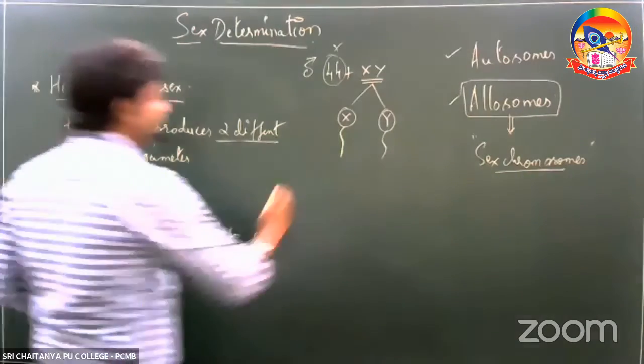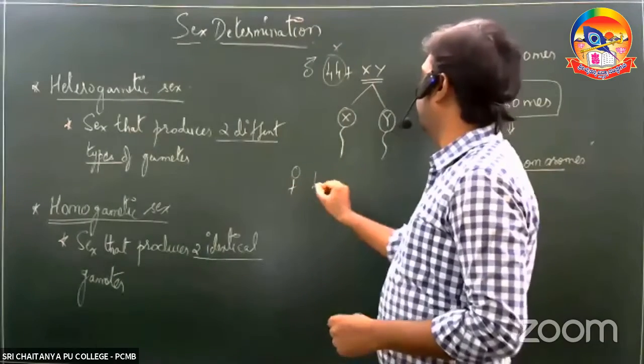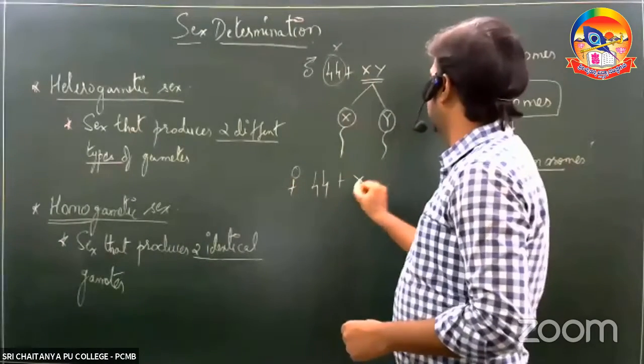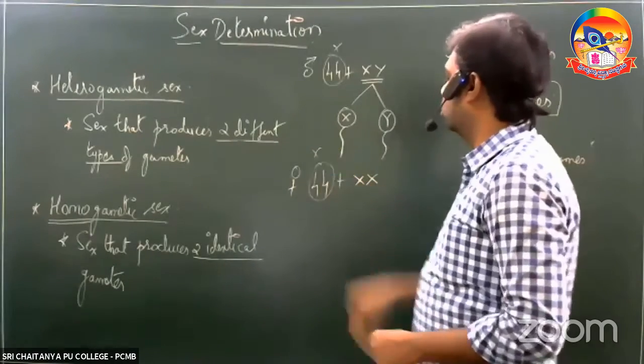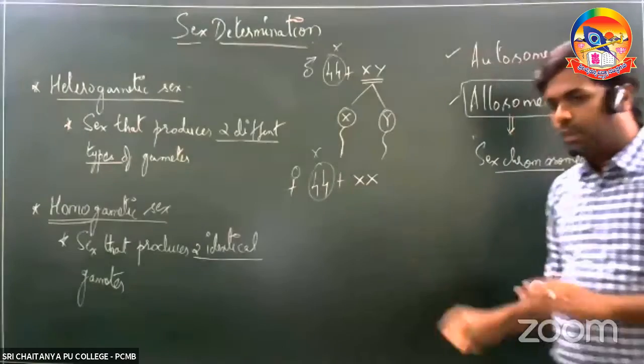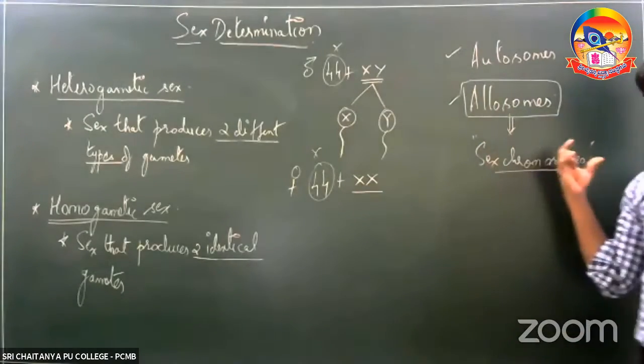So the example what we can give here again, human females, where again the chromosome complement would be 44 plus X and X, right? So these 44 are autosomes, so we are not worried about that right now. So let us take up X and X chromosome, which are the allosomes.